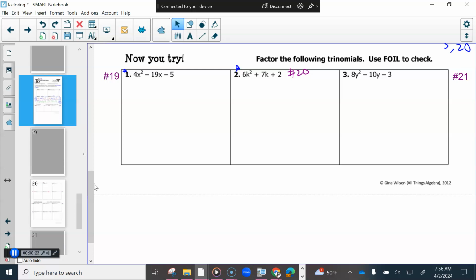And this one, if we multiplied these two, there wasn't a GCF other than 1. If we multiplied this, we got negative 20. And then the factors of that were 1 and 20, 2 and 10, 4 and 5. To get negative 19, we'd have to do 1 and 20, and it would be negative 20.